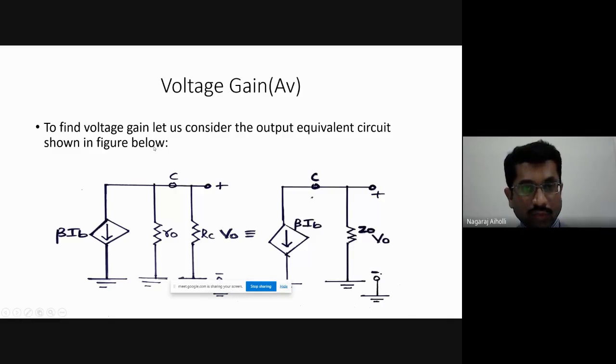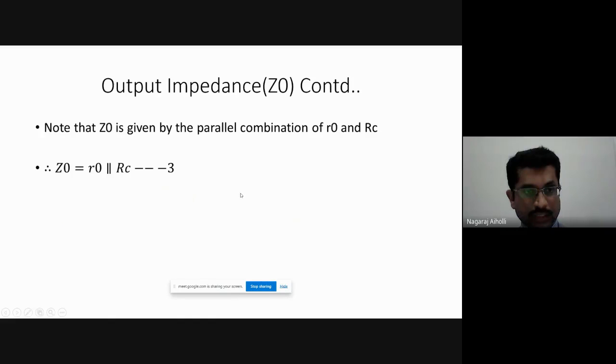Now, if you want to find voltage gain, we have to consider the output equivalent circuit at the output side. It is beta Ib, ro and RC. Consider only the output portion. Find the voltage gain. Beta Ib, small ro, output resistance, then capital RC, collector resistance. This is beta Ib, it is as it is. Small ro parallel capital RC is the output impedance. Just now we wrote the equation: Zo is small ro parallel capital RC.